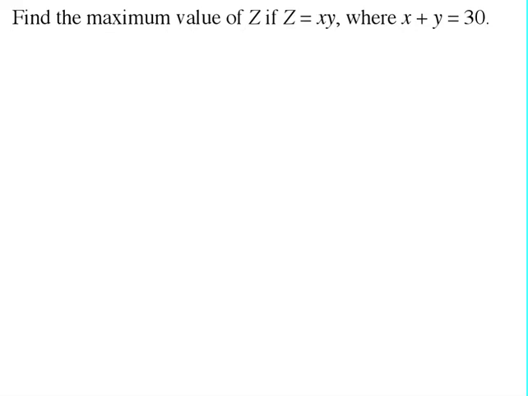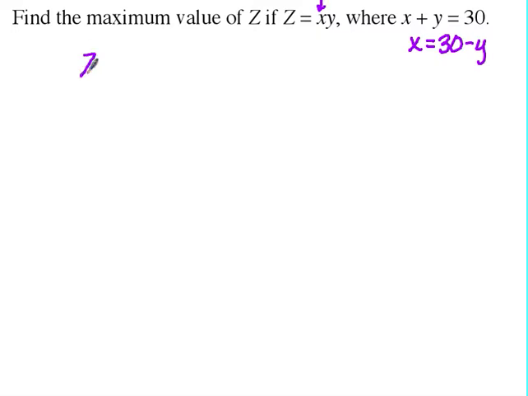So what I'm going to do in the secondary equation is solve that for x. Is there a reason why I chose x over y? No, just because x comes first alphabetically. You could have also solved it for y, it doesn't matter. Now what I'm going to do with that x value is plug it in right up here into the z equation.